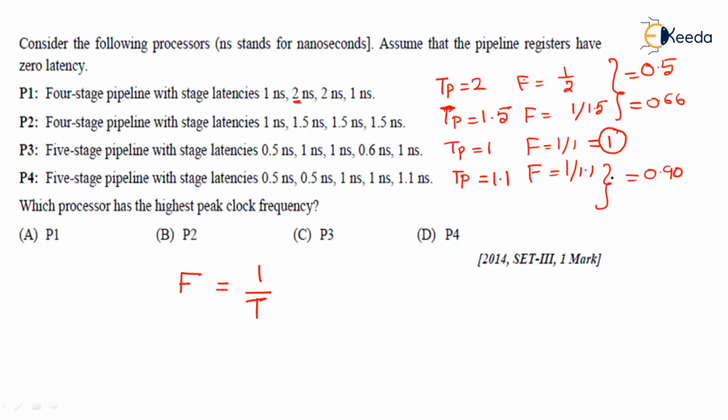So, which processor has the highest clock frequency? The third processor, P3, has the highest clock frequency. This is the answer for this.